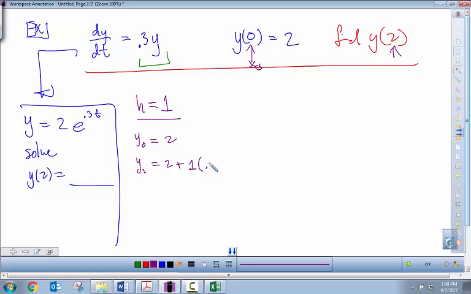So this is 0.3 evaluated at 0, 1. And since there's no x's, we don't put the 0 in anywhere. This is h. h is 1.